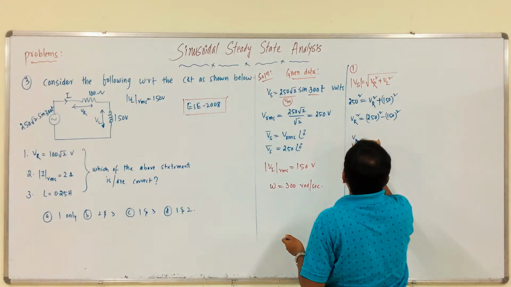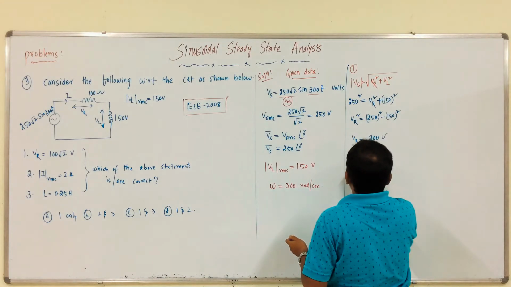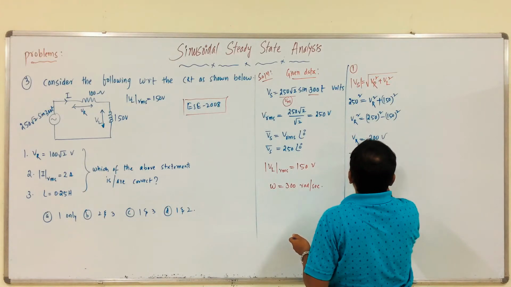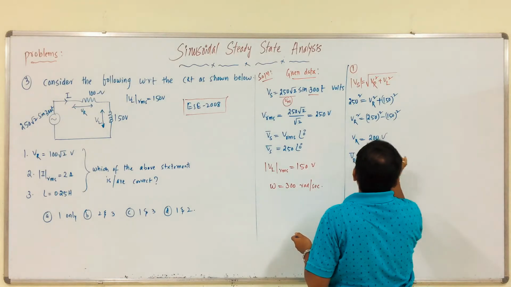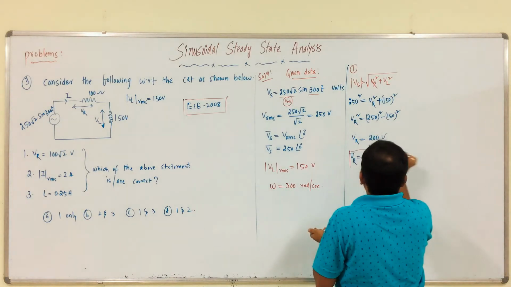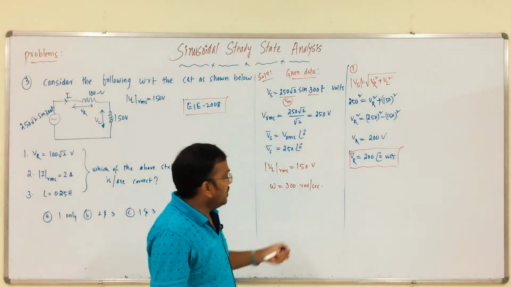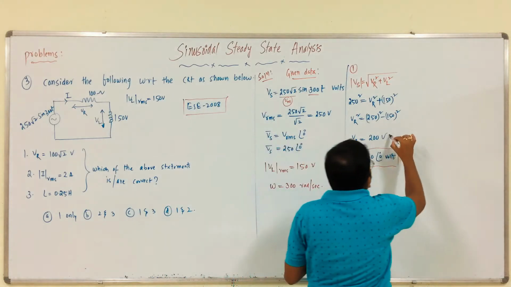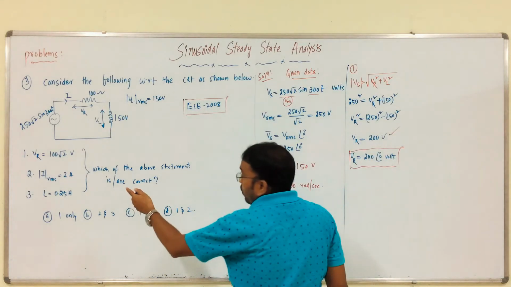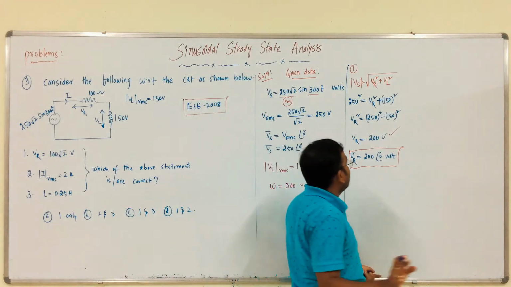From this we got Vr as 200 volts, that is Vr equals 200 at an angle 0 degrees volts. Why at an angle 0? The voltage across a resistor is always at an angle 0, in phase with the current. This is 200, but he provided in the option 100 root 2. So option 1 is not correct.